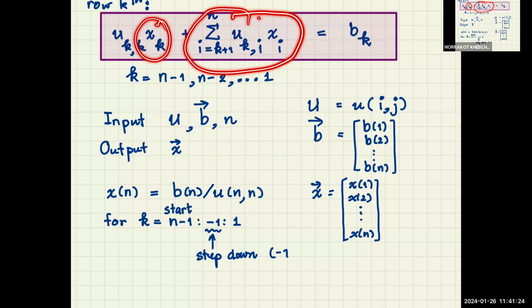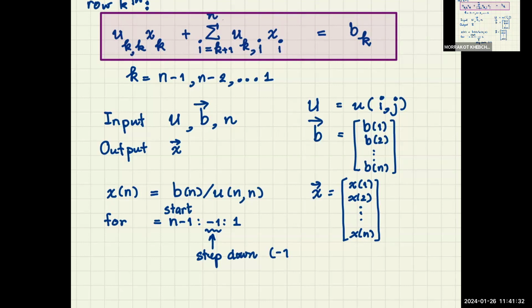Then the summation is sum from those points. So this one I should use i. Row i. And then now I have to do this summation.